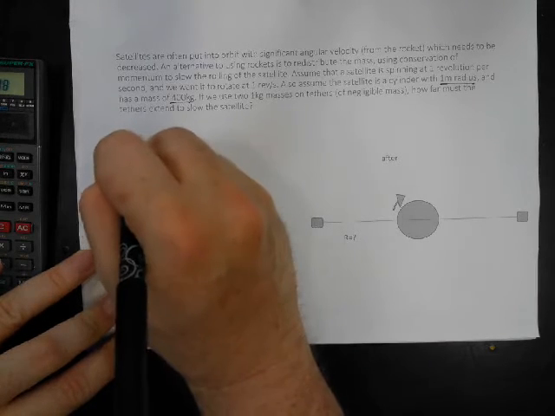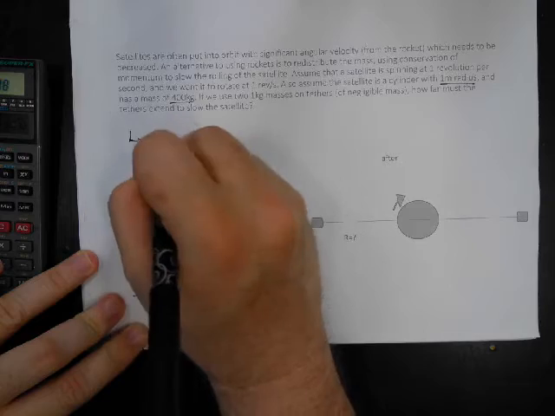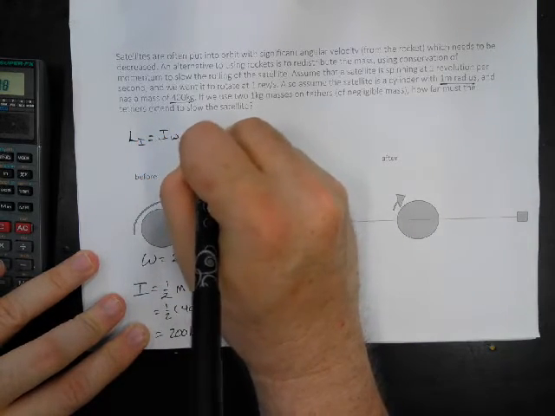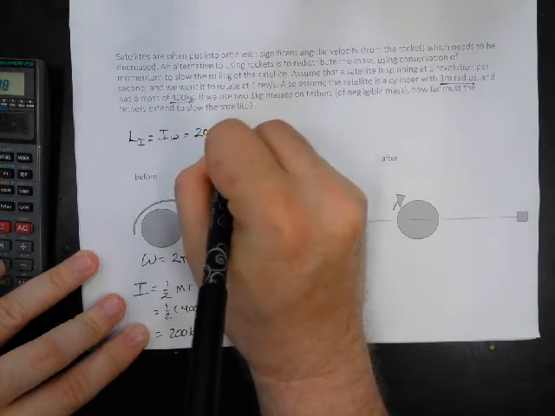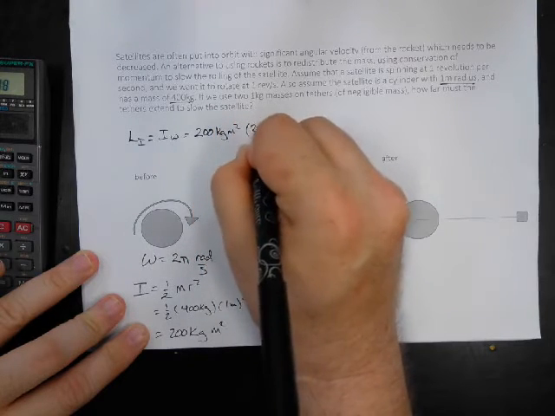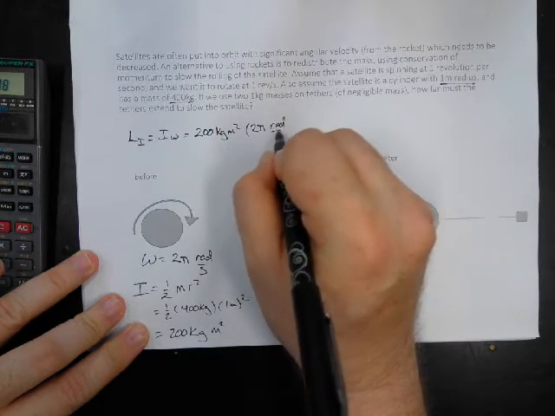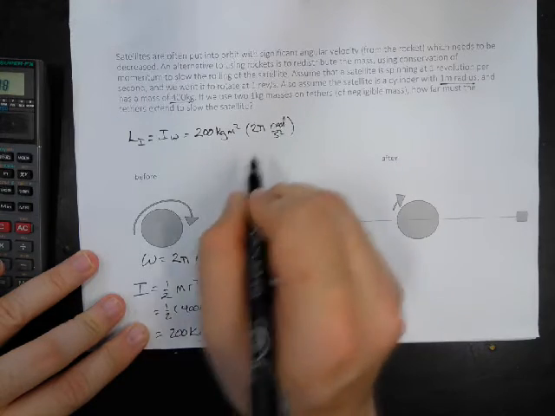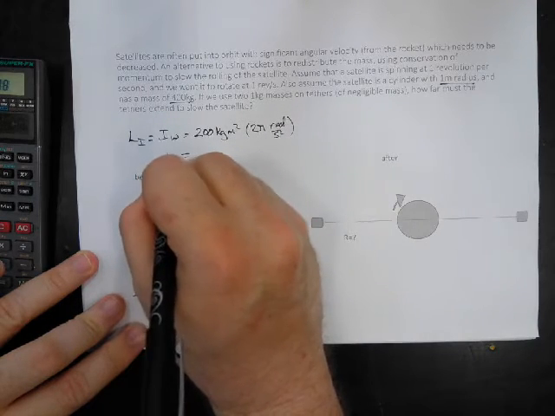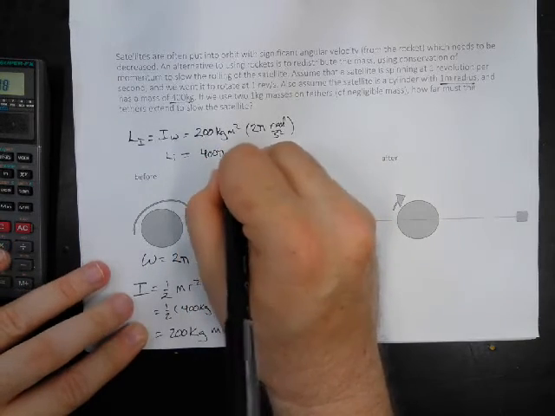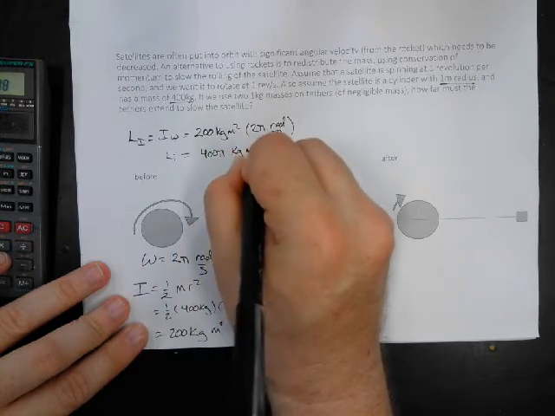So our angular momentum initially is going to be I omega, and I here is 200 kilogram meter squared times 2 pi radians per second. We're going to get rid of the radians, and we'll have 400 pi kilogram meter squared per second.